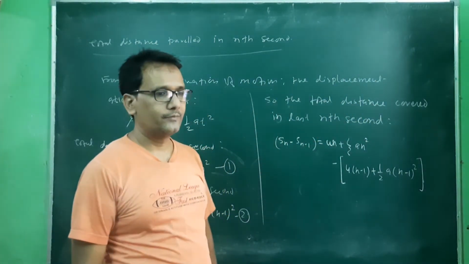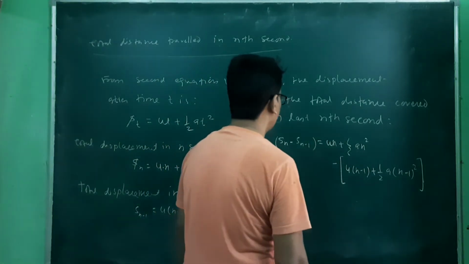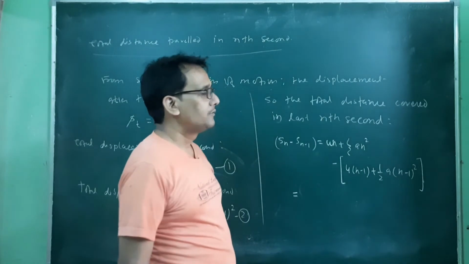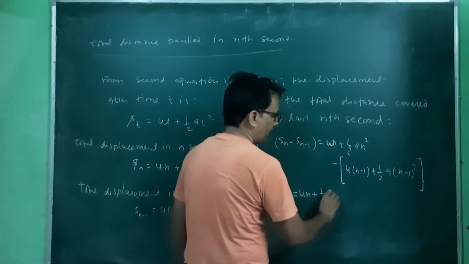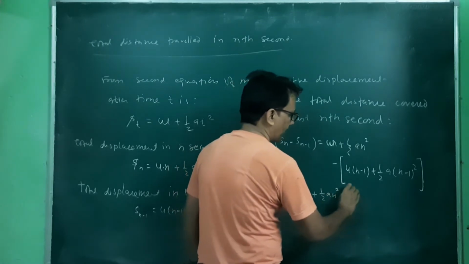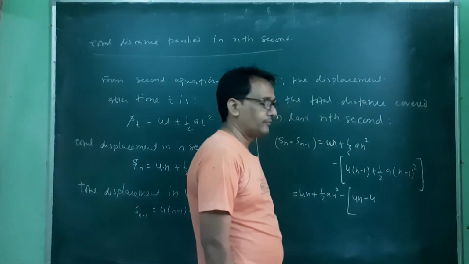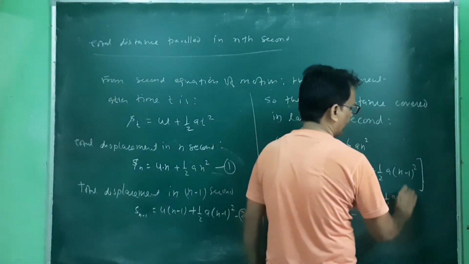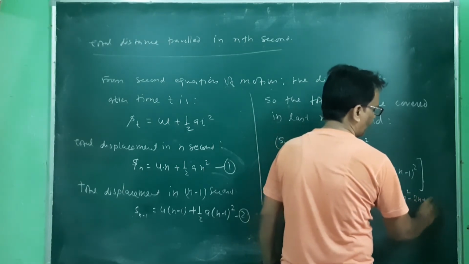Solve it. So this is un plus half a n square minus un minus u plus half a, this is n square minus 2n plus 1.